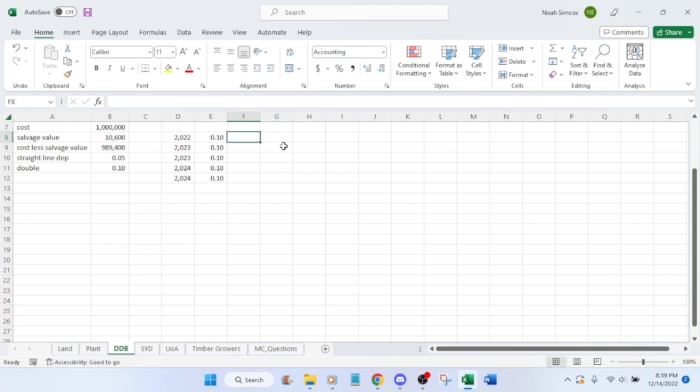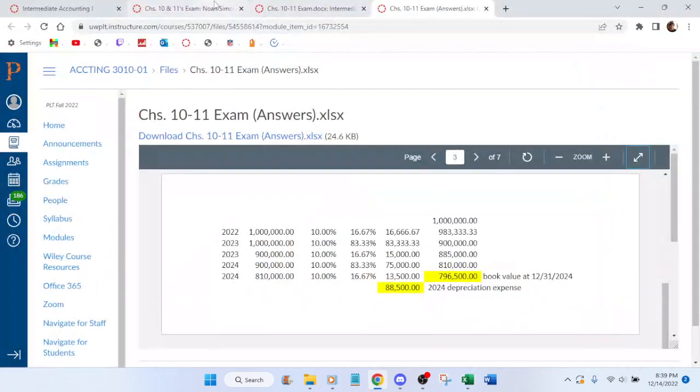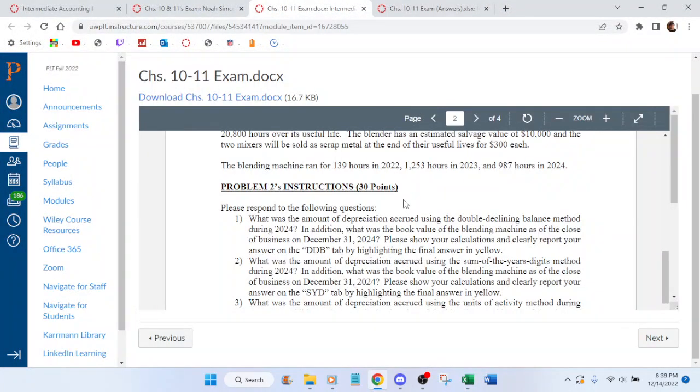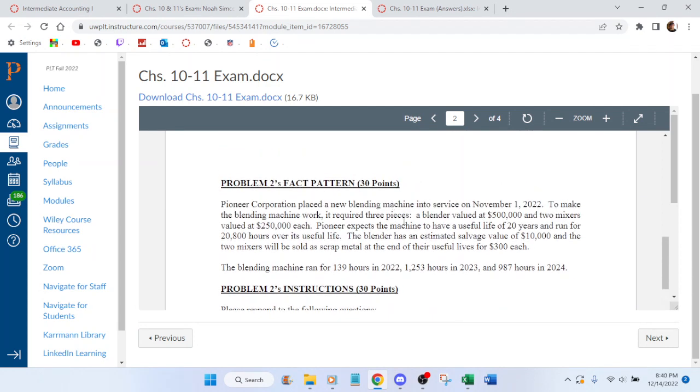But it was bought in what year? It was bought on November 1st, 2022.